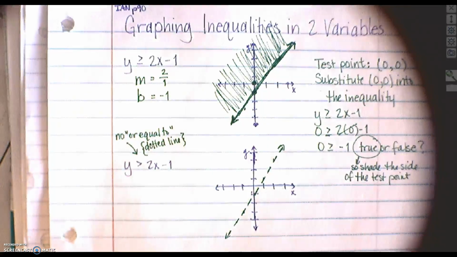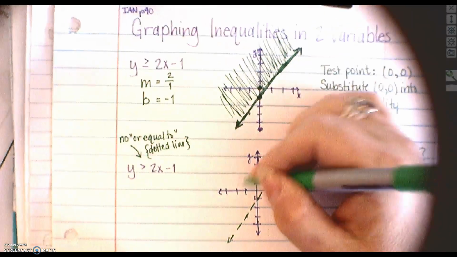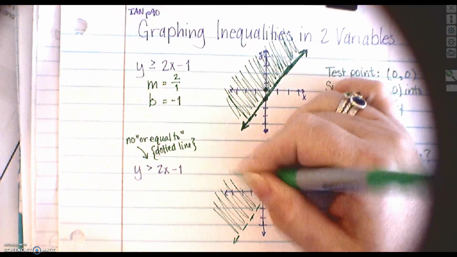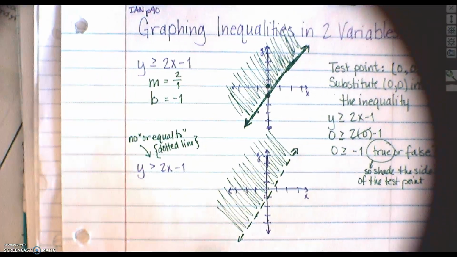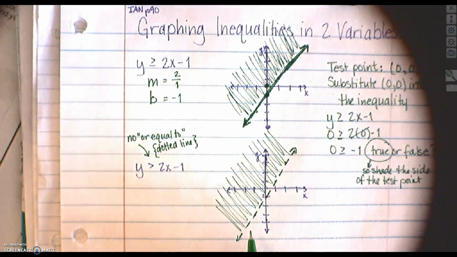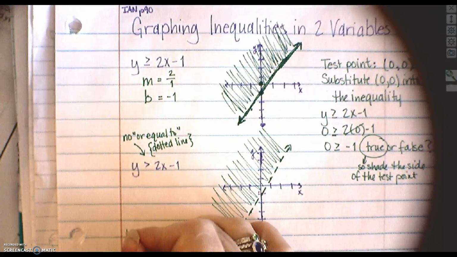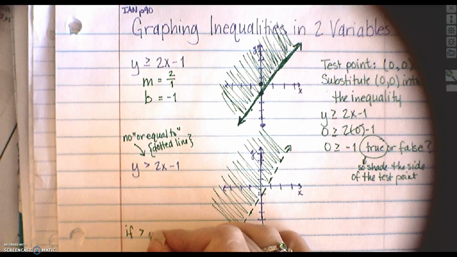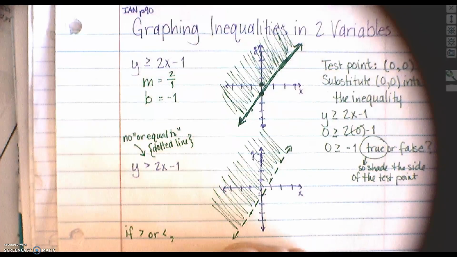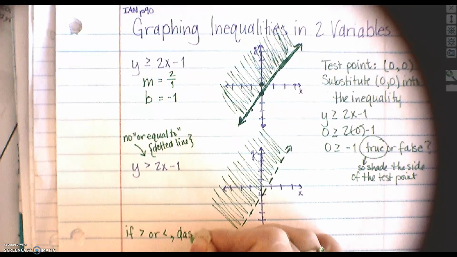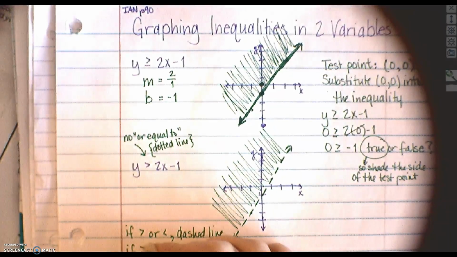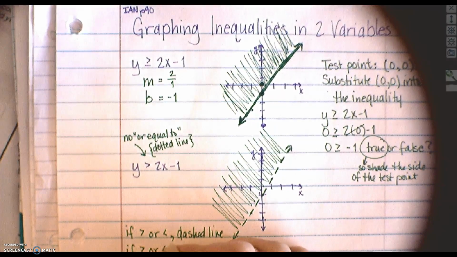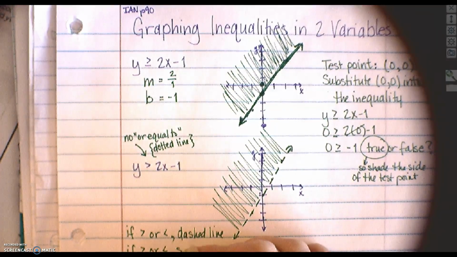And we know that 0 is greater than -1, so we're going to shade the top. So everything about this graph looks the same except for the line. If your sign is greater than or less than, use a dashed line. If your sign is greater than or equal to or less than or equal to, use a solid line.